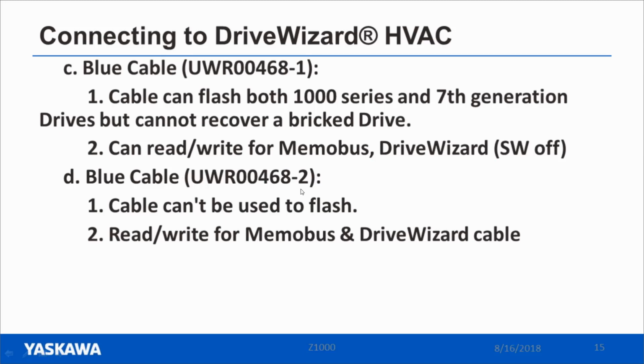The -2, you can't flash a drive with this one. I would recommend the -2 for most customers, because again, you're not going to be needing to update firmware. That's very rare. And if you did happen to need an updated firmware, I'd recommend you contact an authorized service provider or an ASP because you can get into trouble if you do it wrong.